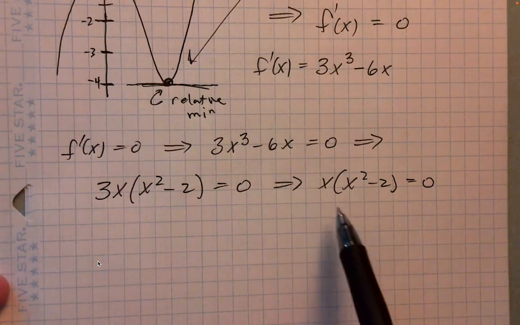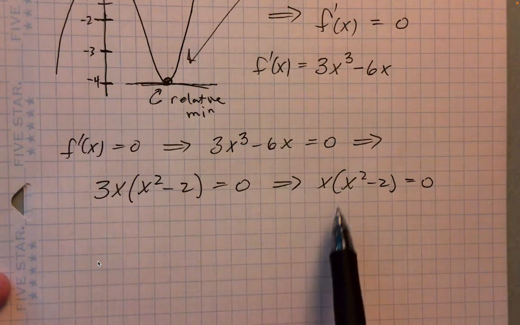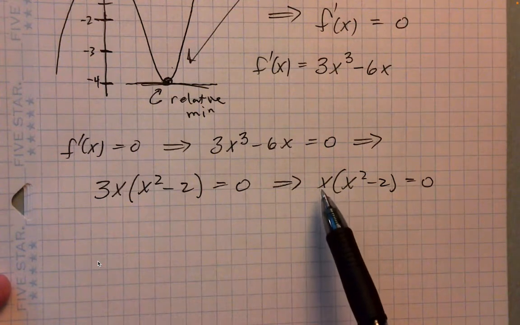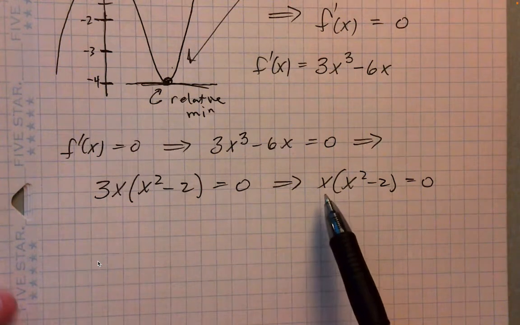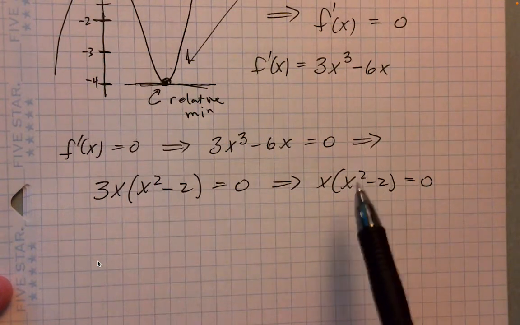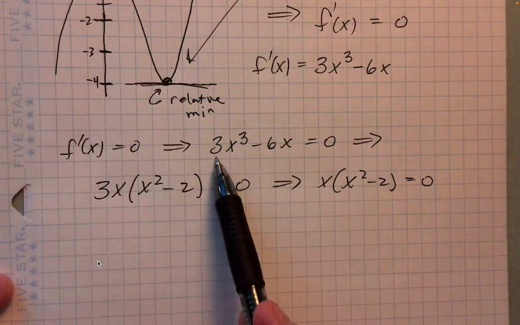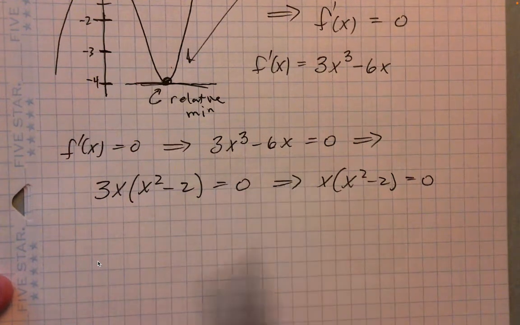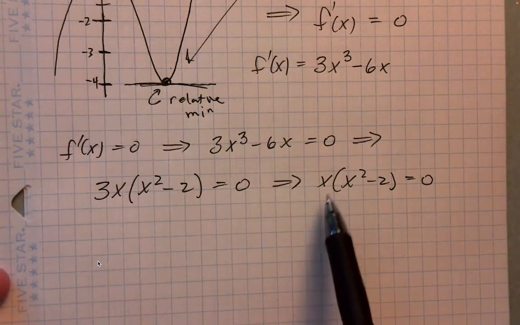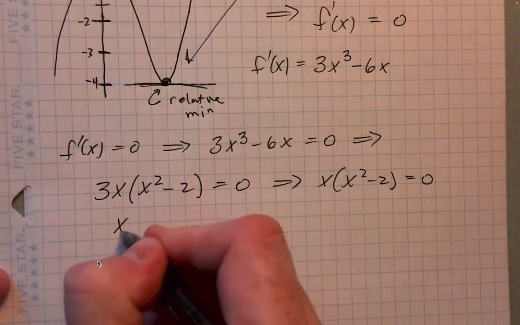Sorry, I was looking at this wrong. One of the zeros is obviously x equals 0.